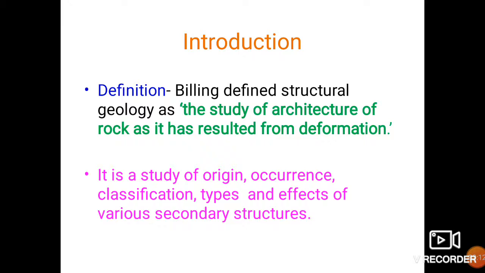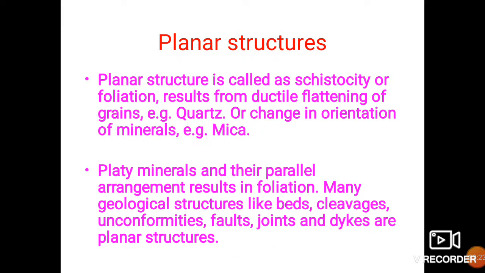What are the structures? These are the features which are created due to deformation of the rock. There are two different types of structures, that is planar structures and linear structures. What are planar structures? This is the definition.